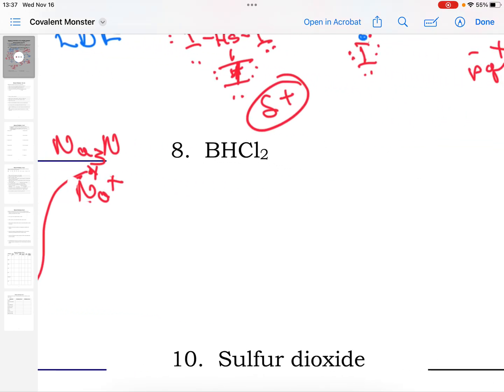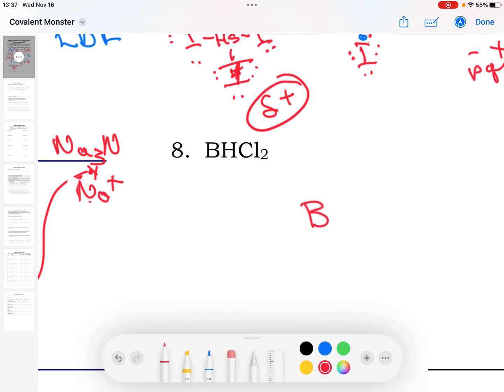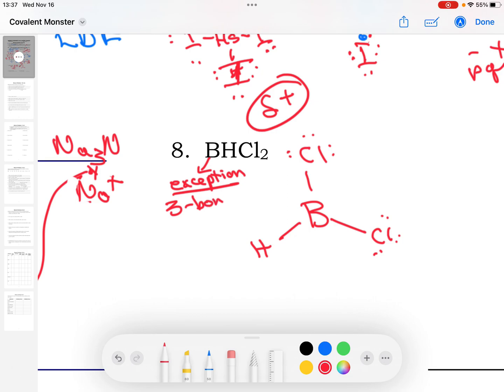Beryllium, boron. And then I've got a hydrogen, a chlorine, and a chlorine. Remember, this is an exception, and boron can have 3 bonding sites.